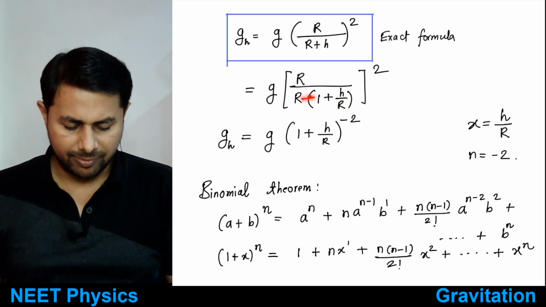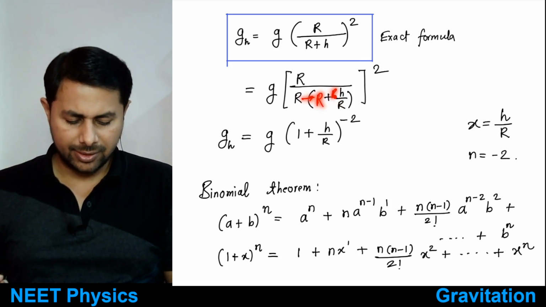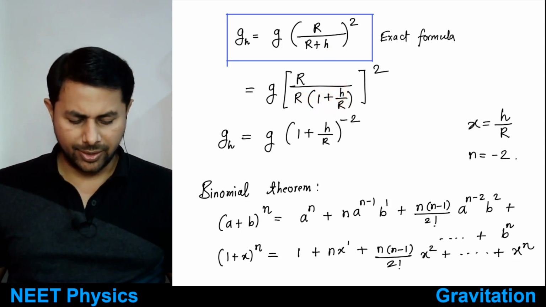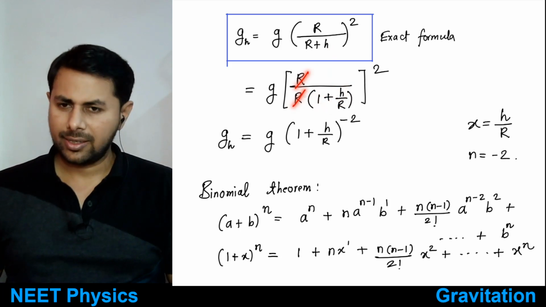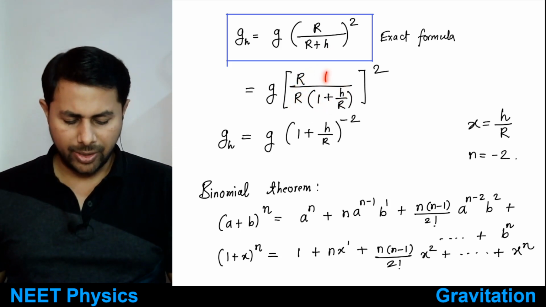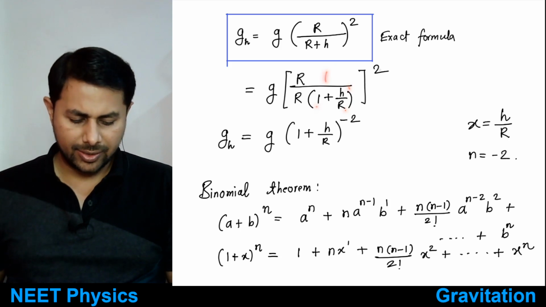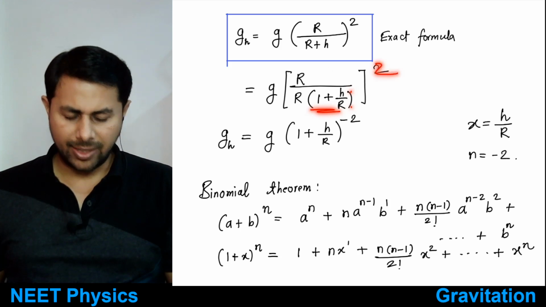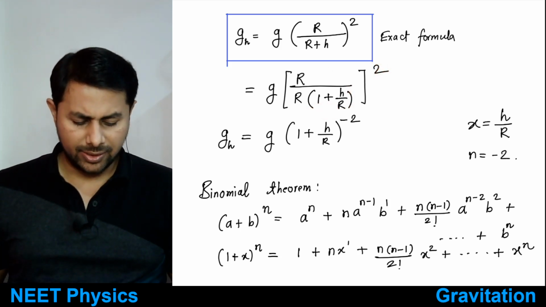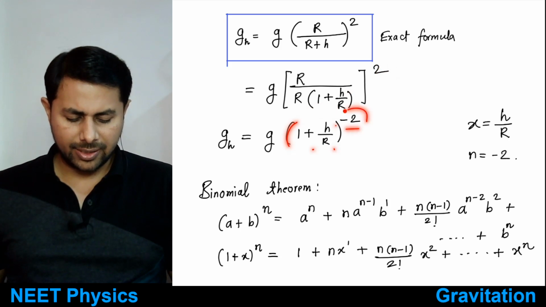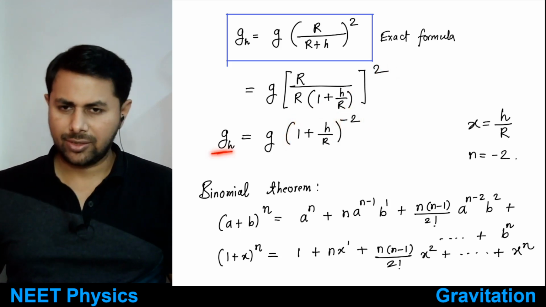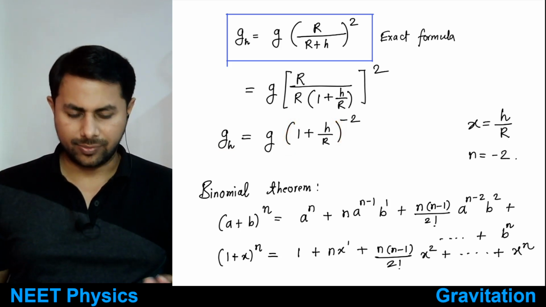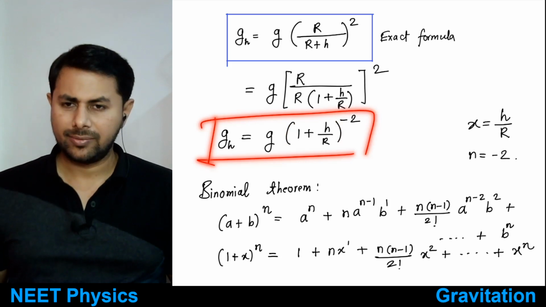Because if you multiply by this r, you will get r times h by r, that r will get cancelled out and you will get this h. So you have 1 upon (1 plus h by r) square, which can be written as (1 plus h by r) raised to minus 2. So g_h is equal to g multiplied by (1 plus h by r) raised to minus 2. Is it clear till this point?